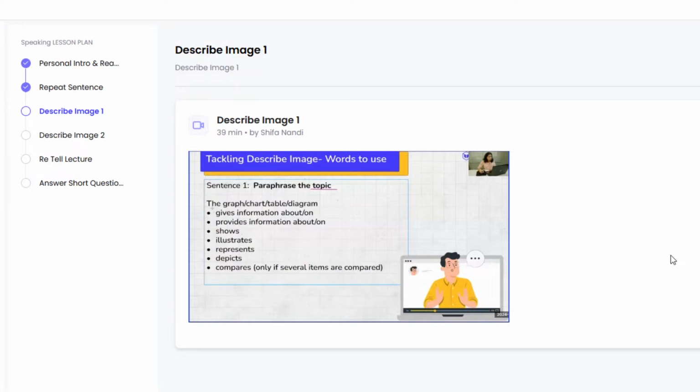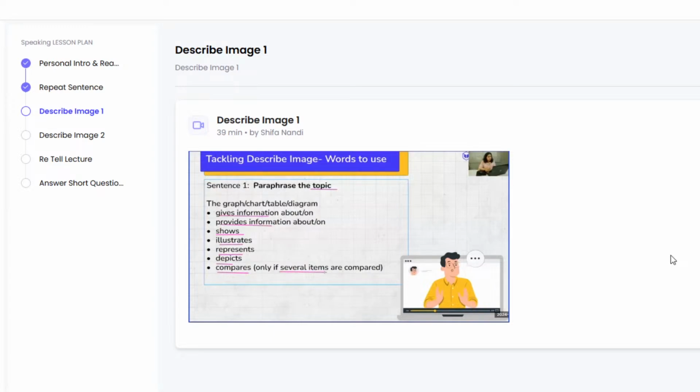Now, in this case, whether it is a bar chart or a line graph or a pie chart, table or a diagram, you can say that the line graph provides information or gives information, shows, illustrates, represents, depicts or compares. Compares you can only use in case several items are being compared, right?